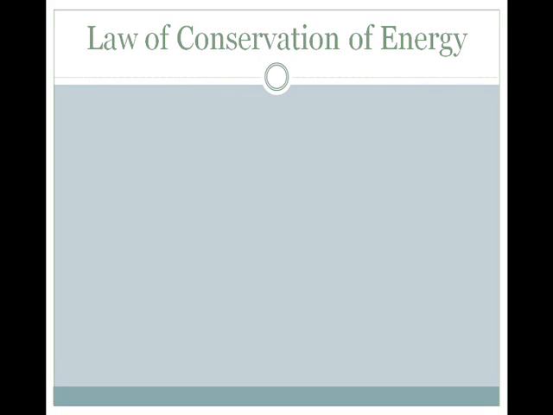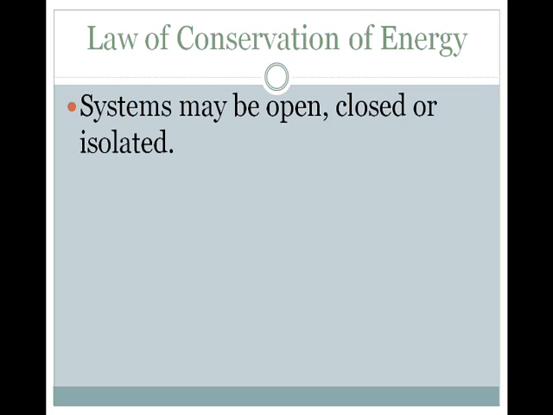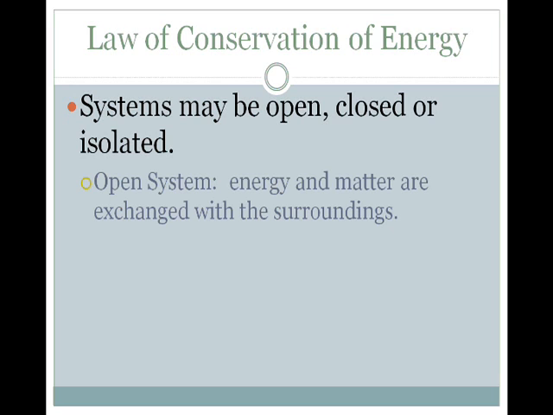Now, in regards to law of conservation of energy, there is a way to see if energy is conserved or not, and that's when you use an isolated system, because energy can't be released in an isolated system. However, to explain how sometimes you think you've lost energy, we're going to look at the different types of systems. An open system is when energy and matter are exchanged with the surroundings.